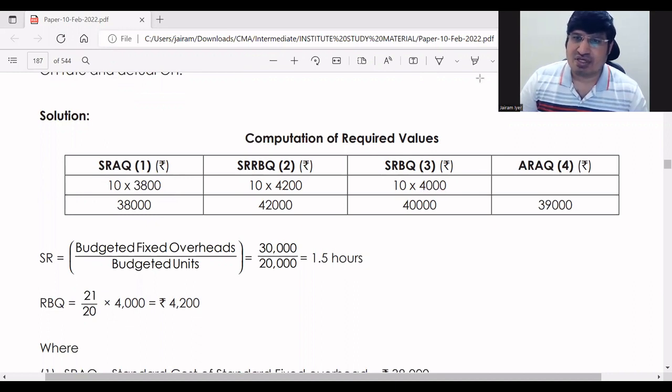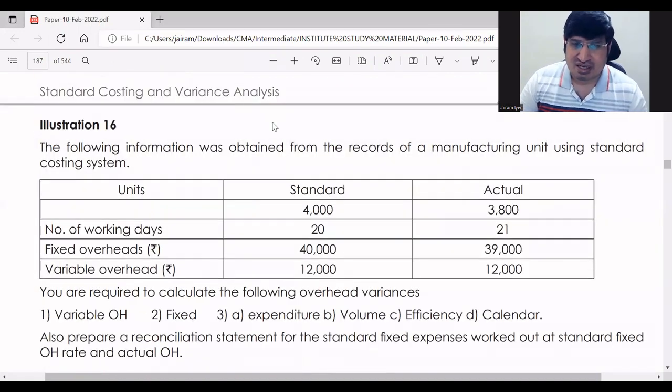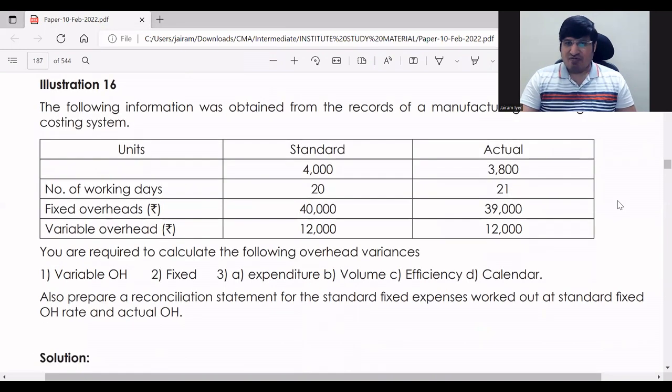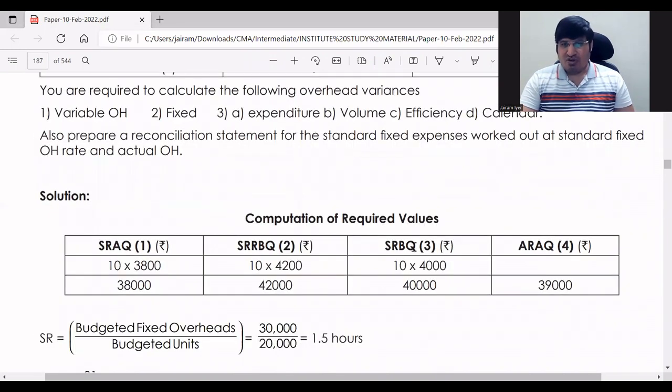Budgeted quantity is what is your standard; where only standard is given, standard and budgeted will be the same. So 4,000 here we will use as budgeted quantity and this becomes 40,000 there. Okay, these two are done.